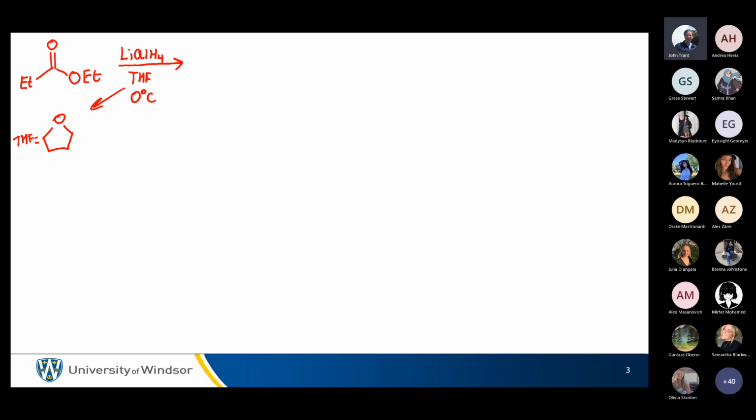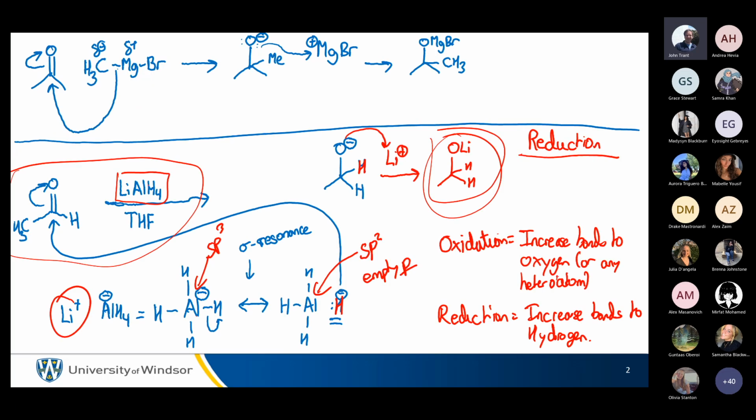So we were talking about reducing agents last class and additions to carbonyls. And in the last example, we had the idea that this H-, which was nucleophilic, attacked this electrophilic carbon because it was part of a carbonyl.